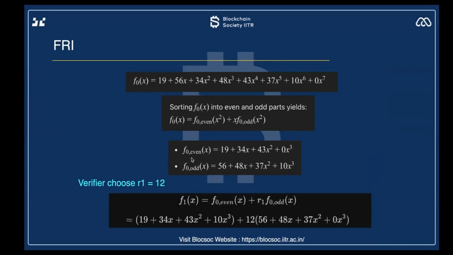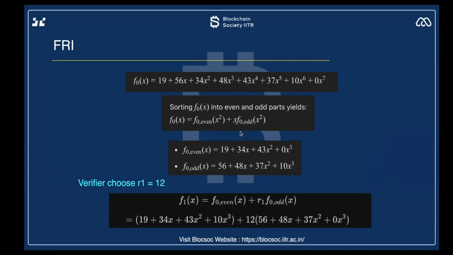So f of even x equals 19 plus 34 plus 43 plus 10. Sorry, it's 10 here and it is 0 here. And similarly f of odd equals 56 plus 48 plus 37 plus 0 here. This is x cube and this is x, and we are calculating it on x square. So for the extra x term we have added it on the outside.